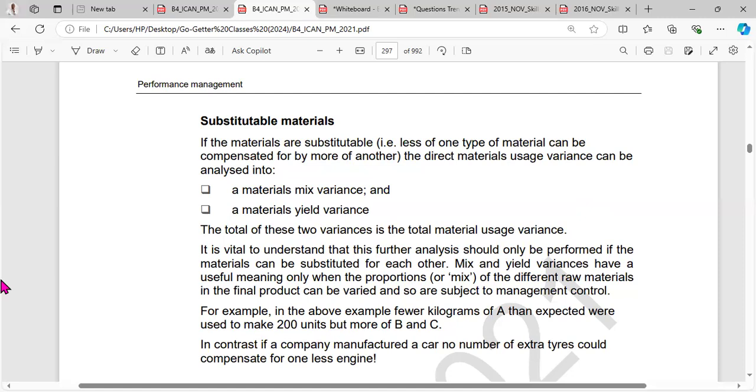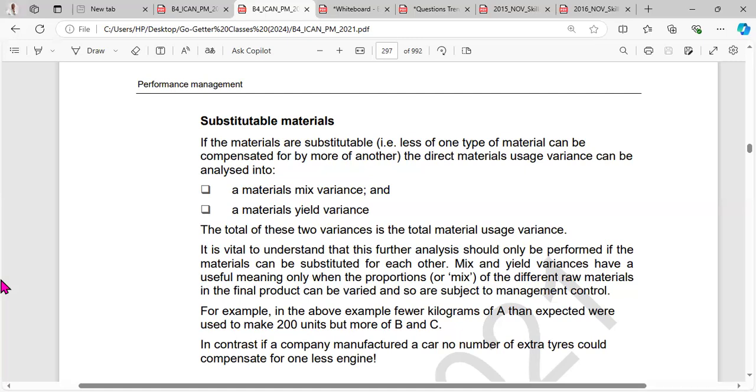We will just calculate the usage variances individually. Mix and yield variances have a useful meaning only when the proportion, or we can say the mix, of the different raw materials in the final product can be varied and are subject to management control.